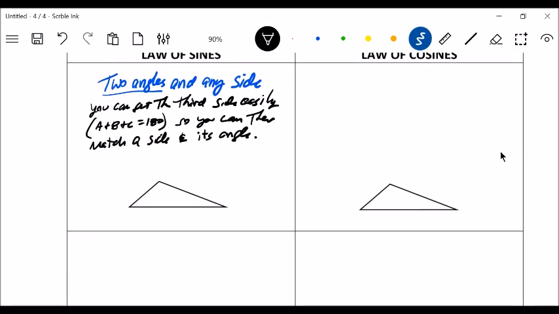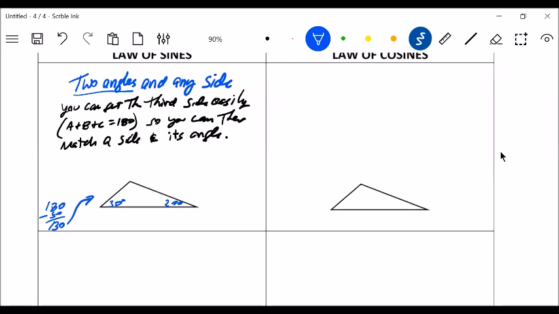Okay. So as an example, if I knew this was 30 degrees and this was 20 degrees, I would then do 180 minus 50, so I get 130 degrees for the other one. And if I knew this amount is, say, 15, and the other ones, it doesn't matter, let's say this amount is 10.